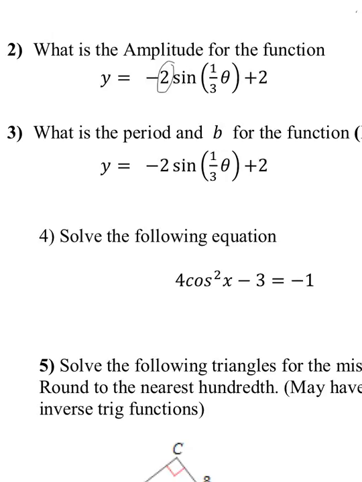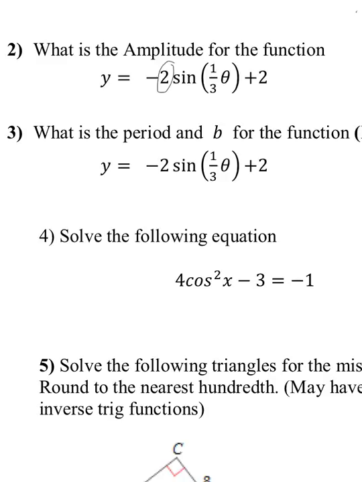Okay, so in the next question, they're asking for the period of the function. So we're going to use our formula 2 pi divided by b. And in our function here, we have that a is 2, b is 1/3, we don't have a c for this one, and d is 2 on the end.